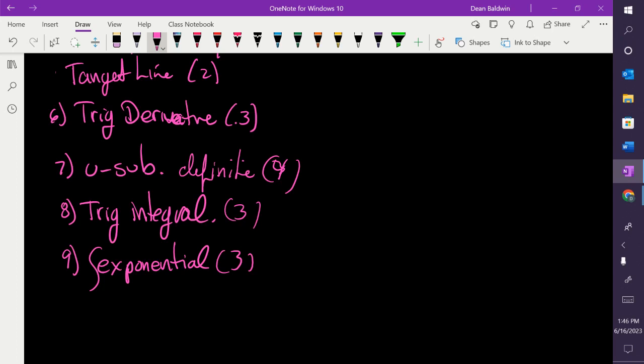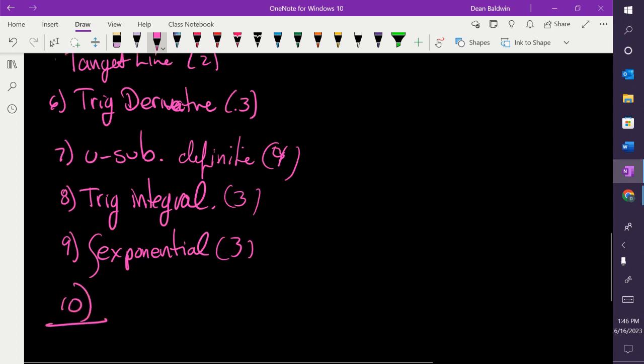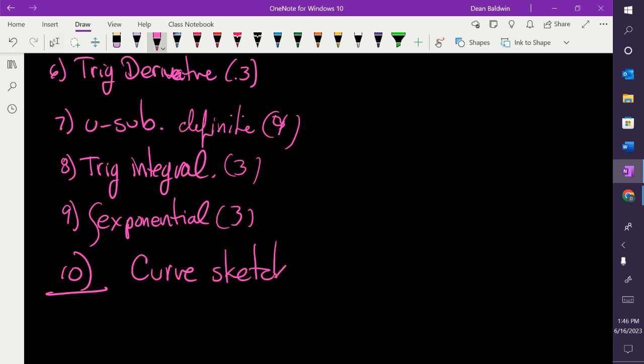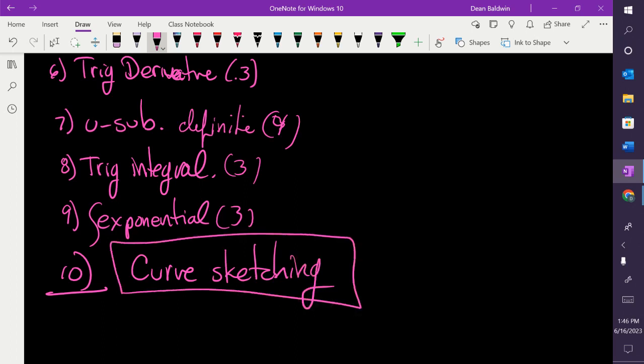I think that's it, except for curve sketching. Oh, 10, a nice round number. How many marks do you want it to be? 8?